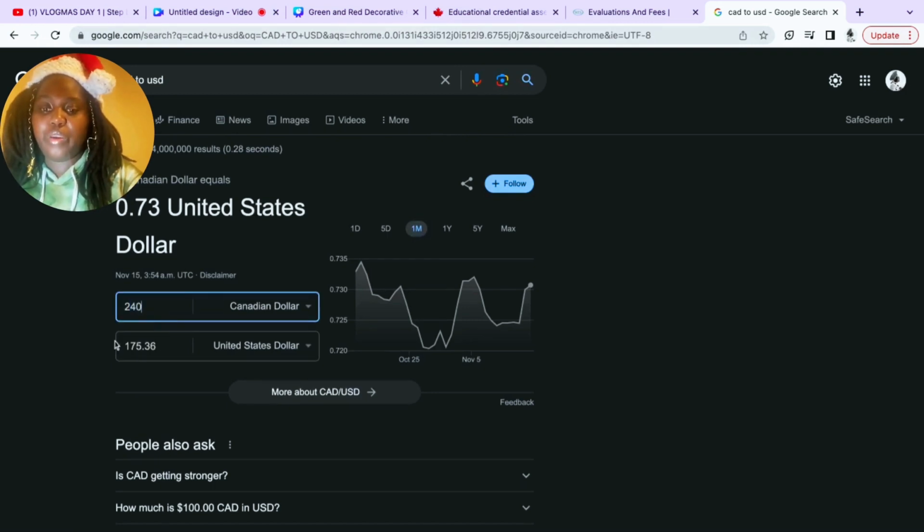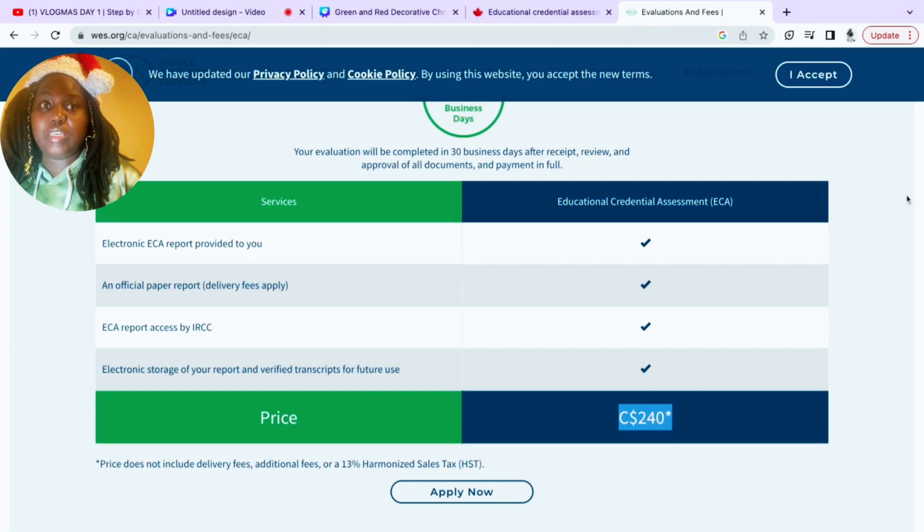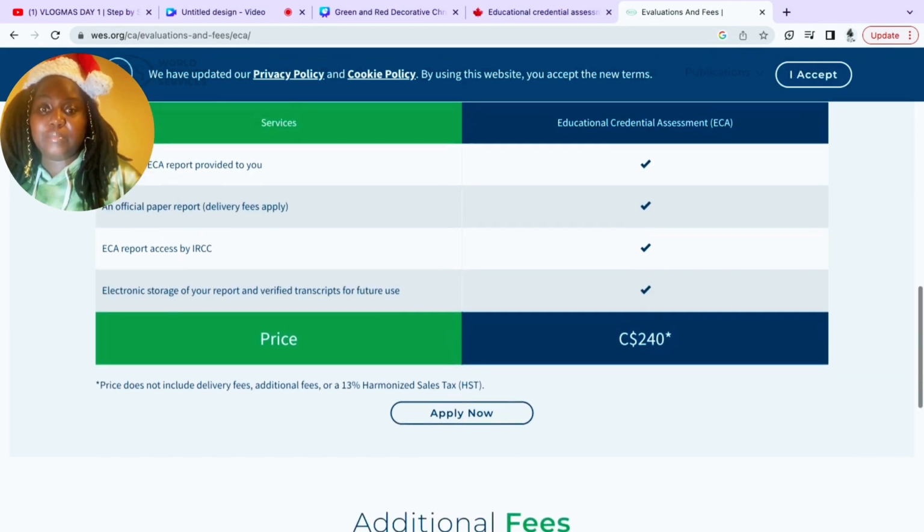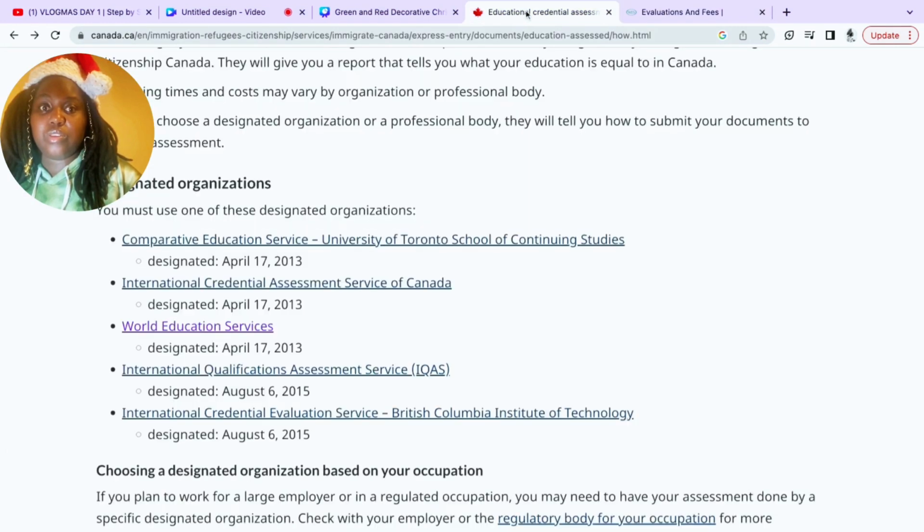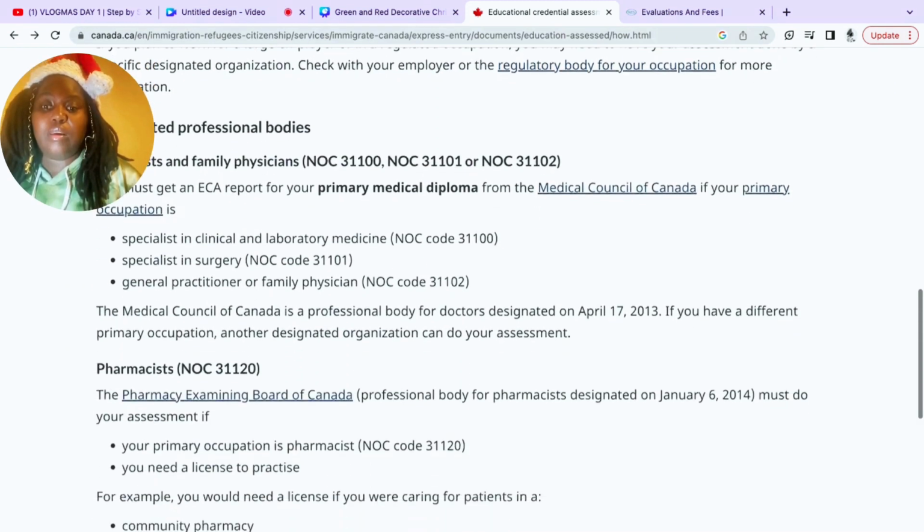Canadian 240. That's 175 US dollars. Yo, that's how much you need to do the ECA. That's how much you need. So they have a 30 business day turnaround time.